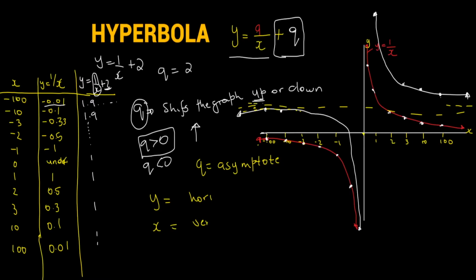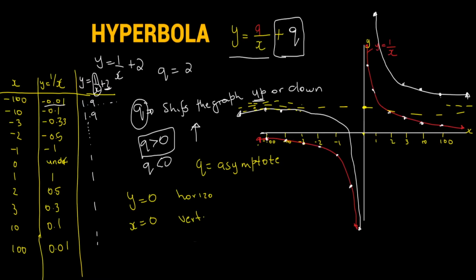You can see that the horizontal asymptote changed. So we had y equal to 0 before and x equal to 0. And we said this was our horizontal asymptote, and this was our vertical asymptote.